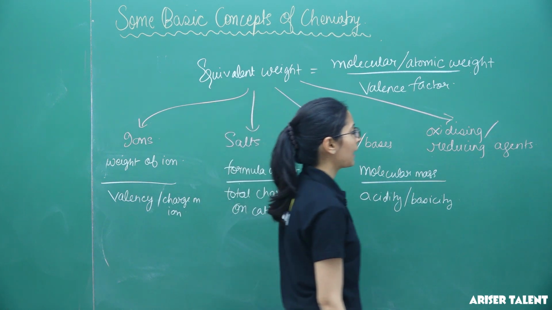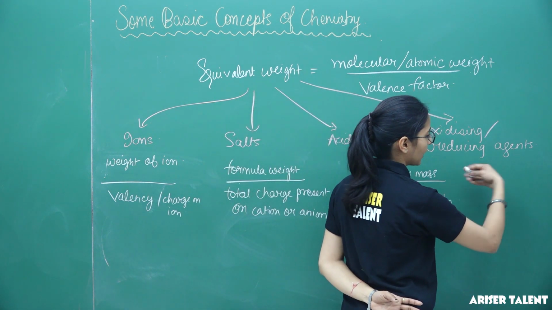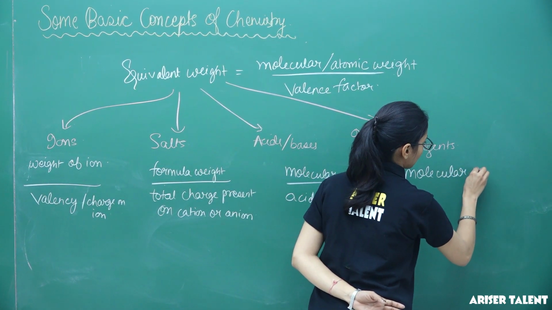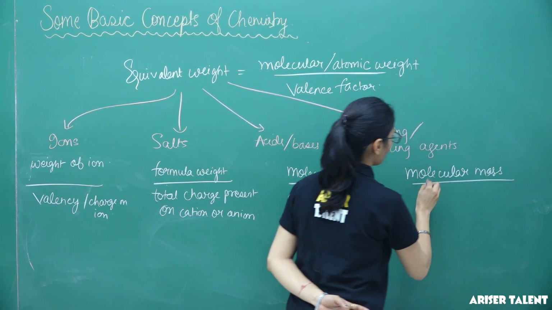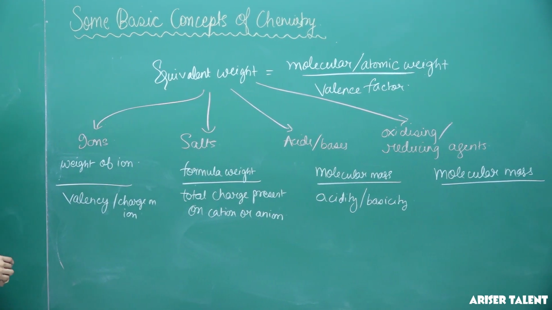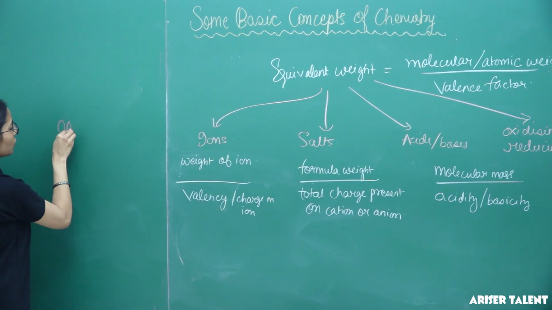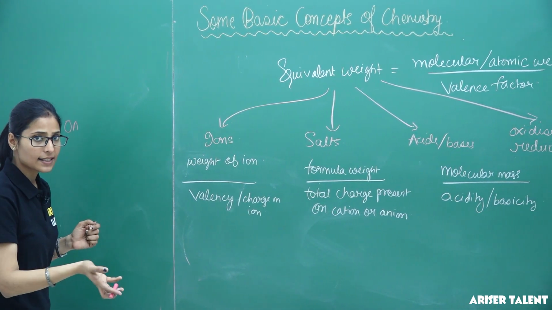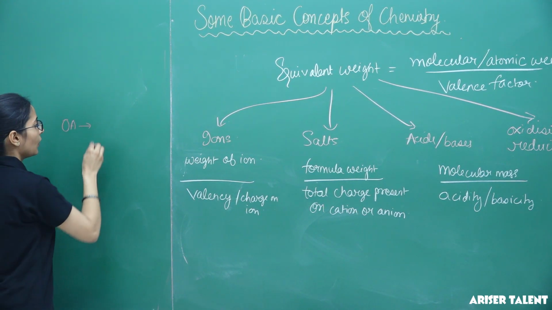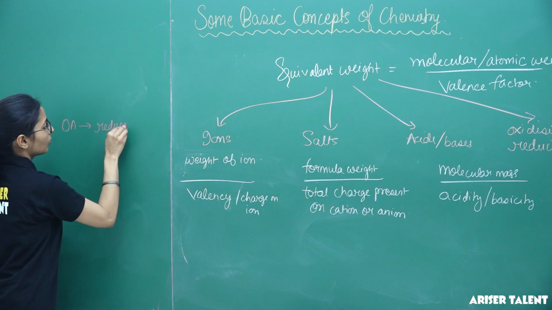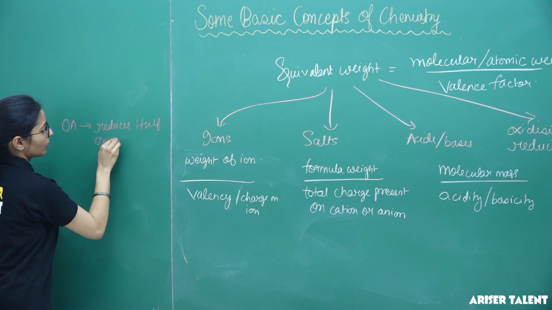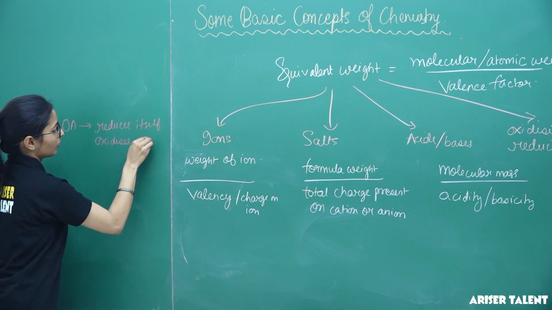Then we have oxidizing and reducing agents. Again we will be writing the molecular mass, and you must know what an oxidizing agent is and what a reducing agent is. Oxidizing agents are those which oxidize others and reduce themselves.